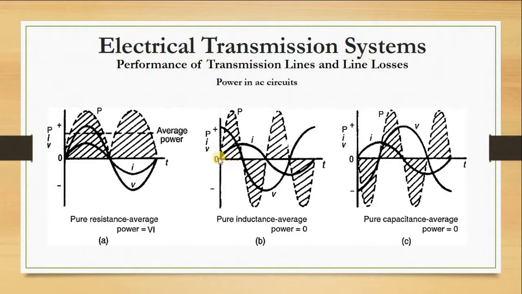So if we extend this backwards to see where the voltage started, it will also be 90 degrees. So 90 here, 90 here gives the half cycle of 180, and the full cycle is 360. The voltage had covered about 90 degrees before the current starts. That is why we say that in an inductive circuit, the voltage leads the current, or in other words, the current lags the voltage.